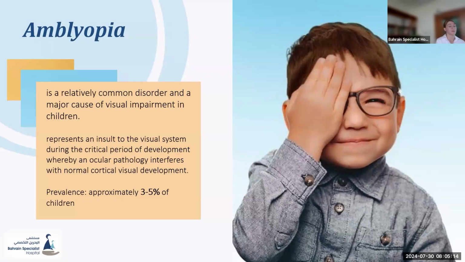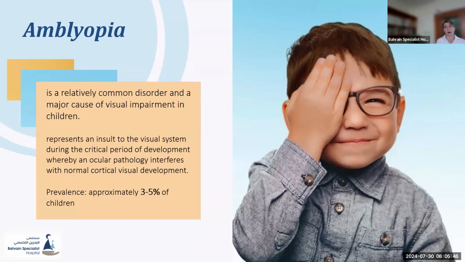For those who maybe don't remember, amblyopia is a relatively common disorder, and it's a major cause of visual impairment in children. It represents an insult to the visual system during the critical sensitive period of development, whereby an ocular pathology interferes with normal cortical visual development.